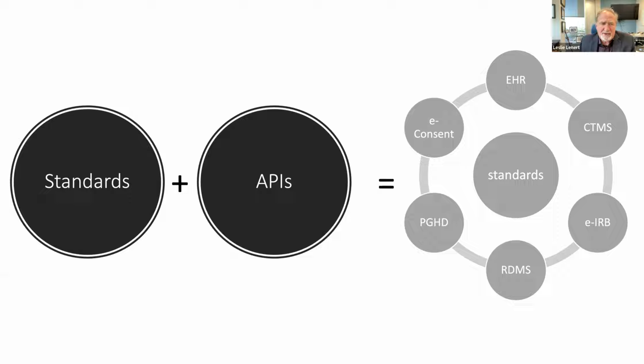Without the standards, we wouldn't be able to really apply the APIs as we need to. It would be too difficult. But without the APIs, the standards would not be meaningful. That's what allows us to put pieces of systems together in innovative and interesting ways to solve problems.